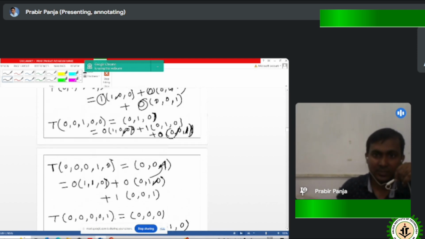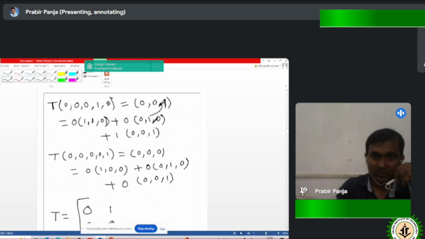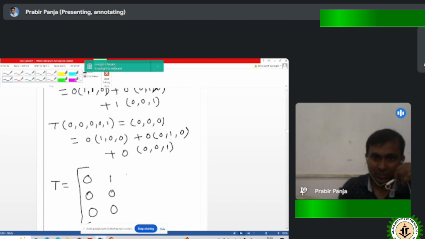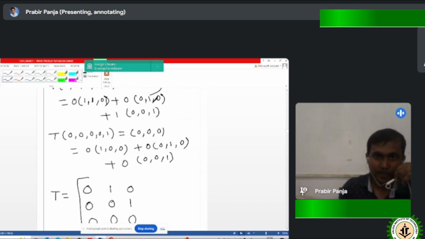From the third equation, the constants are 0 1 0. From the fourth equation, the constants are 0 0 1.